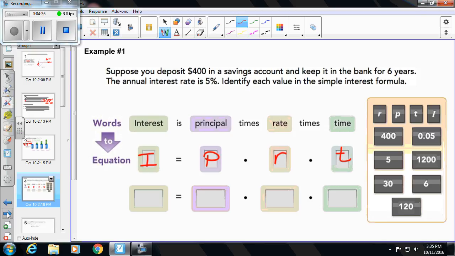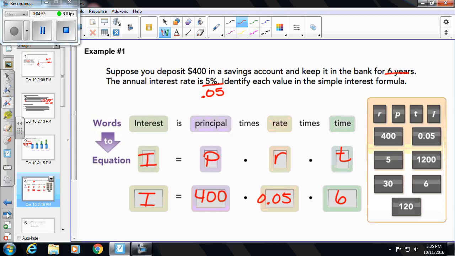So my interest, that's what we're trying to calculate. My principal, we know, is $400. My rate is 5%, which is 0.05. And my time is 6 years.